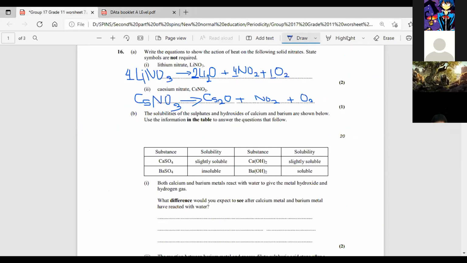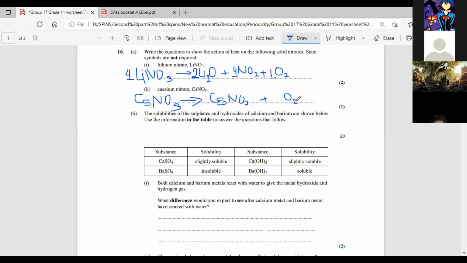If very reactive, then cesium will not form nitrogen dioxide and oxygen, but will form cesium nitrite plus oxygen gas.